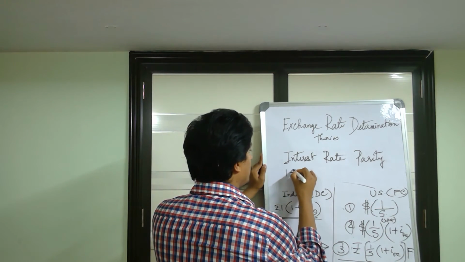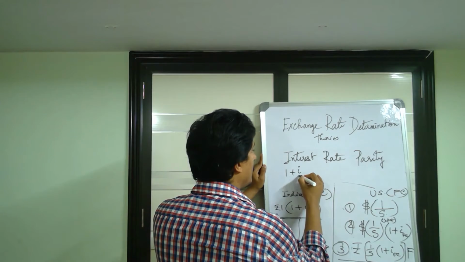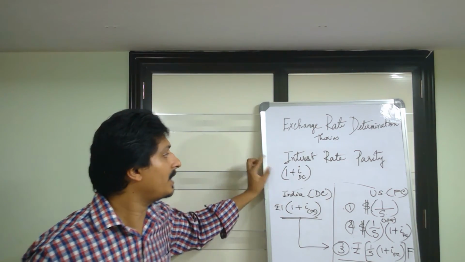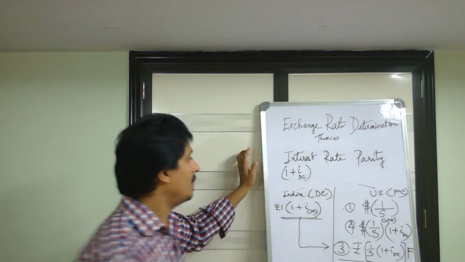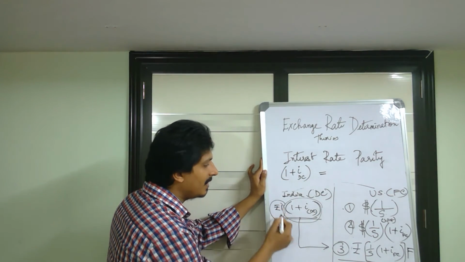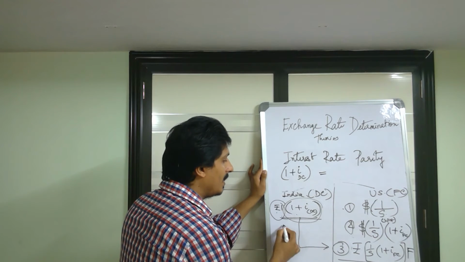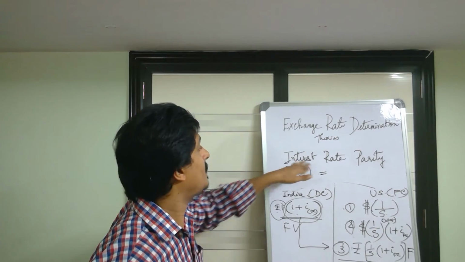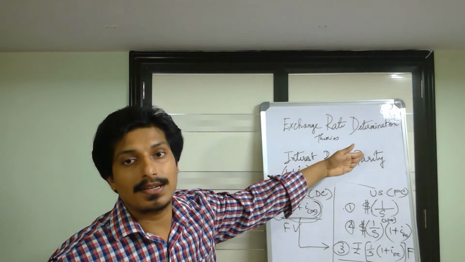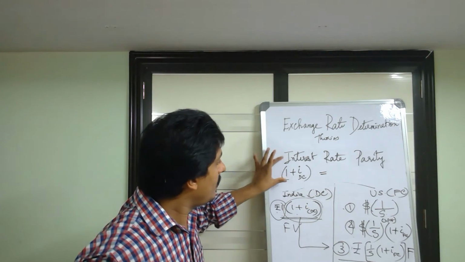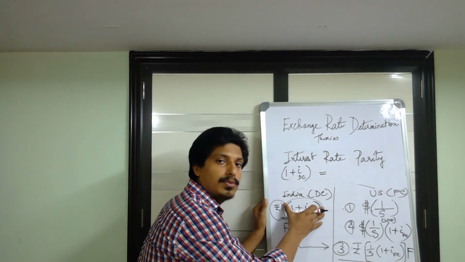The interest you receive in the domestic country should be equal to, here we are ignoring the 1, when you multiply it by 1 you are getting future value. Here we are not talking about future value. Our theory is about interest rate, so we'll think about interest rate only. So this is the interest portion.